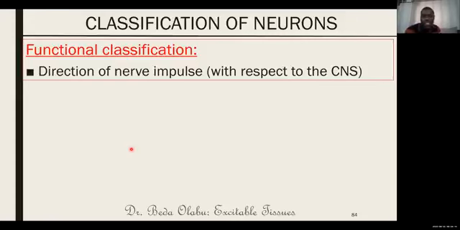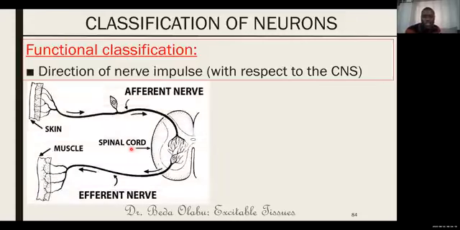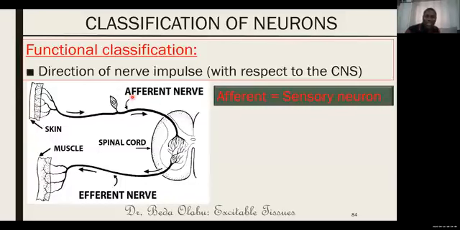If the neuron is carrying impulses towards the central nervous system, like this neuron is doing, then we'll give it the name an afferent neuron. An afferent neuron takes signals from the periphery to the central nervous system. These signals are therefore likely to be sensory, and for that reason, afferent neurons are sensory neurons.